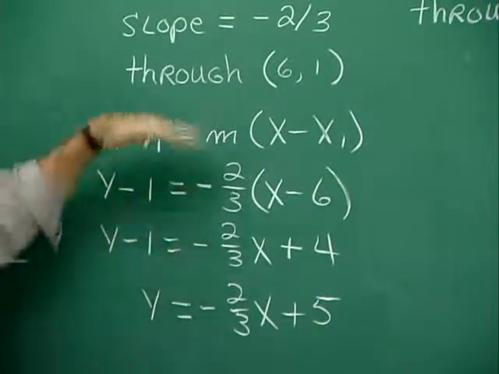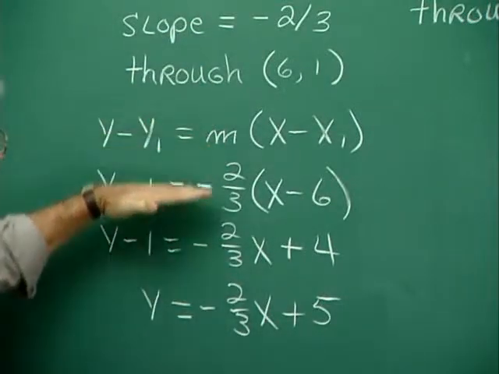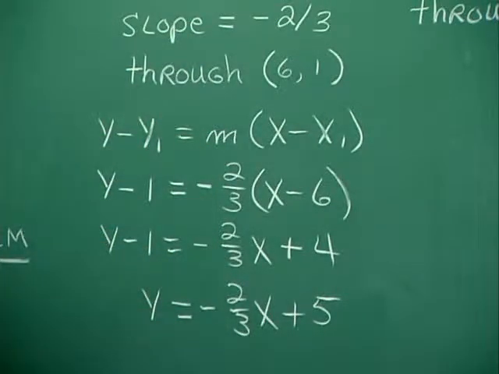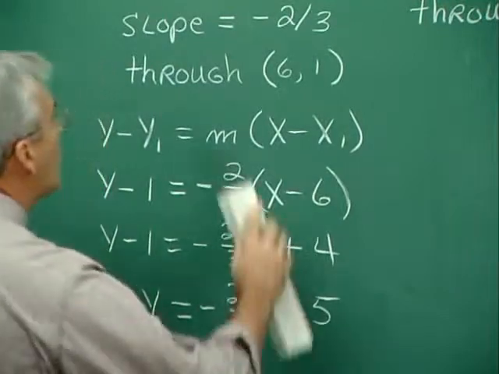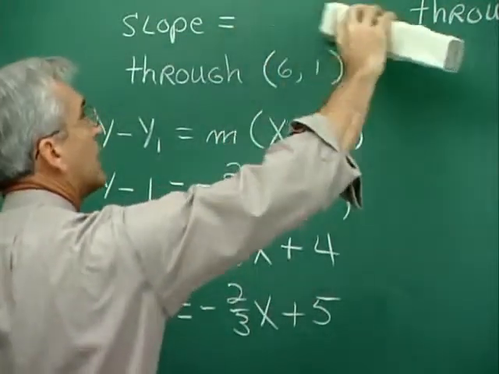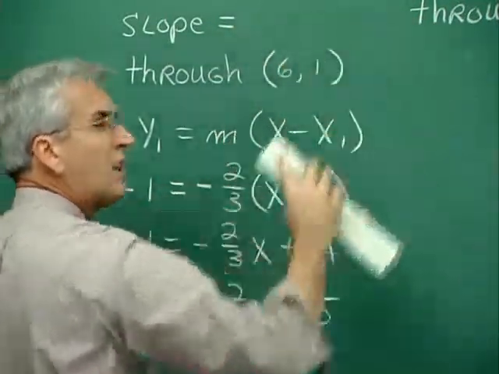Now this situation, this discovery of the equation process, has a nuance or two associated with it. And those nuances involve generally the changing of the slope.